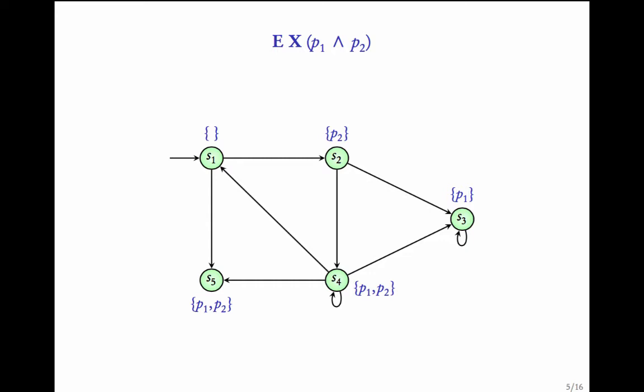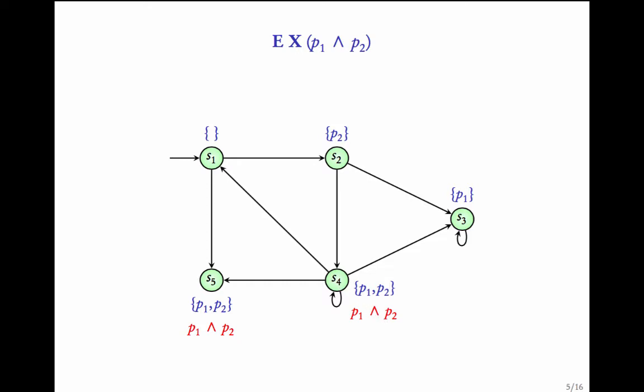As a first step, find the states where this subformula P1 and P2 is true. Here it's not true, here it's not true, here it's not true. Here, since the labeling contains both P1 and P2, the subformula P1 and P2 is true in S5, and P1 and P2 is true in S4.